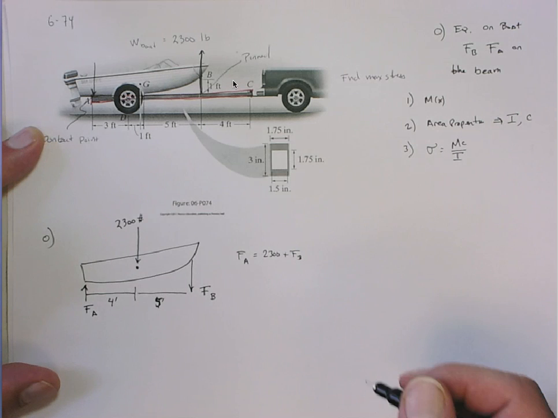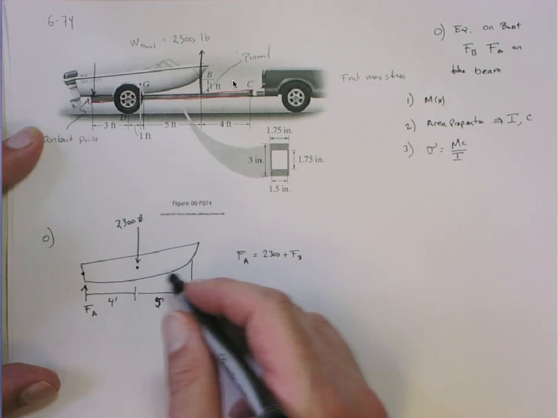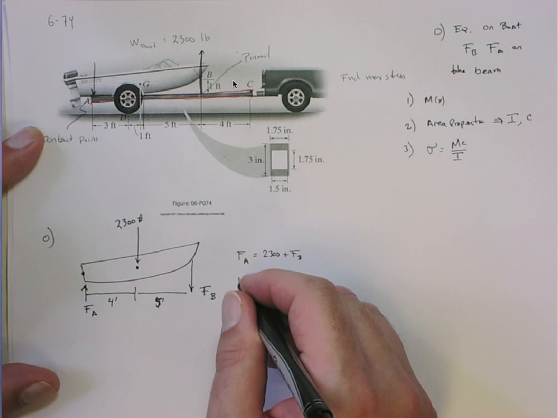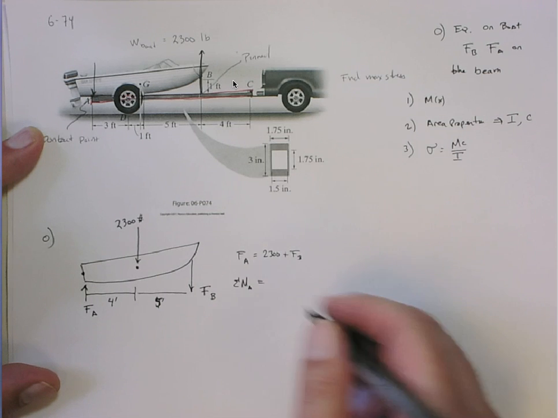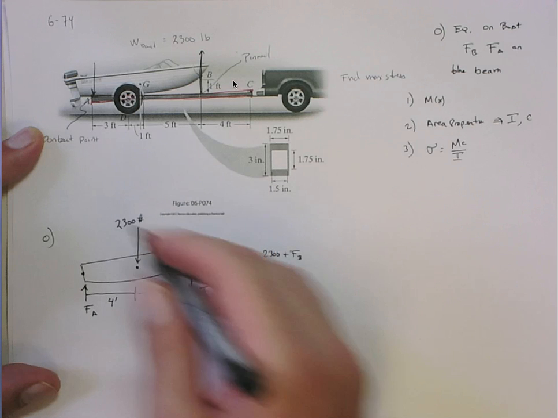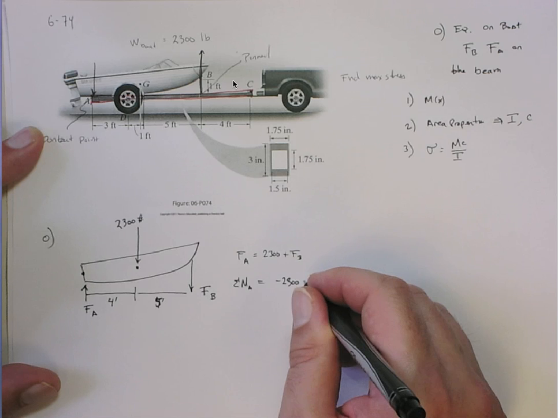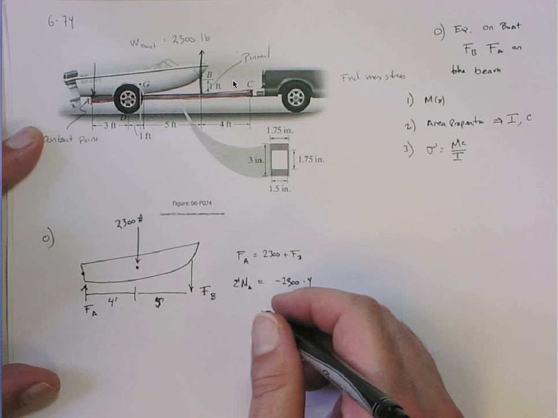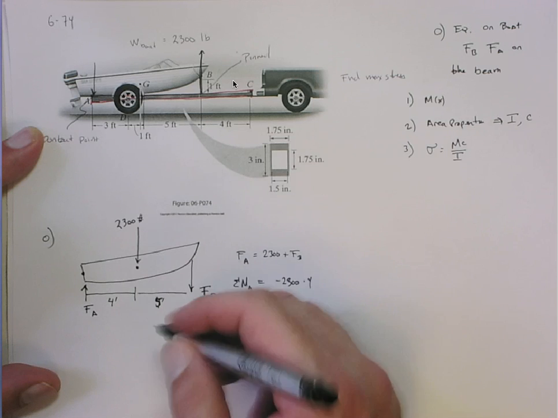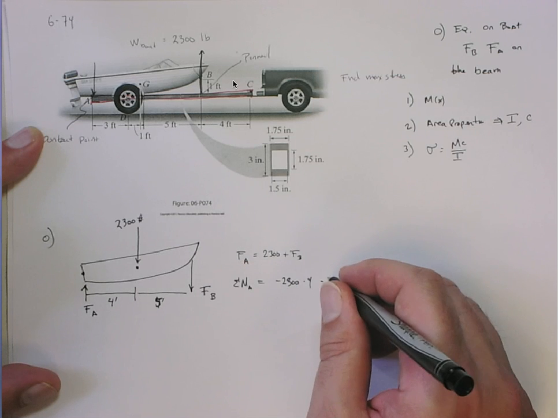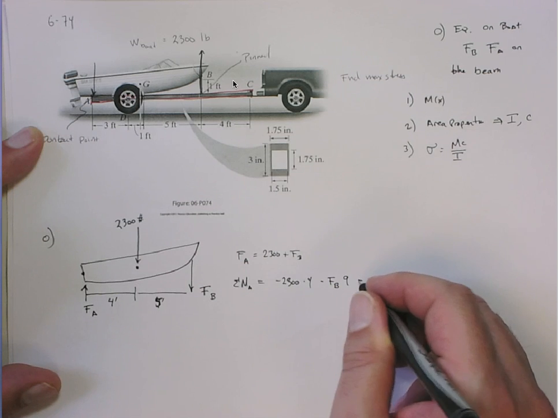And then let's do sum of moments around A to get FB. So we do sum of moments around A, and that equals the weight of the boat is a negative moment, 2,300. Its moment arm is 4. And then the FB is also going to give me a negative moment, minus FB, and its moment arm is 9. And that has to go to 0.